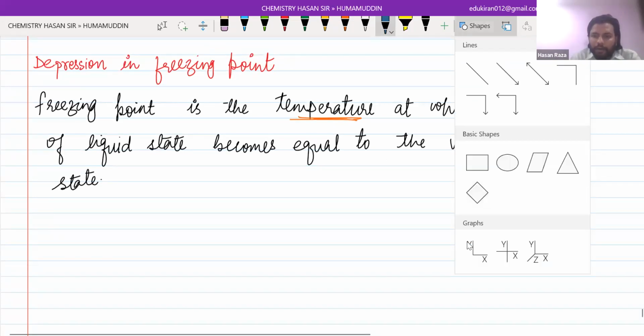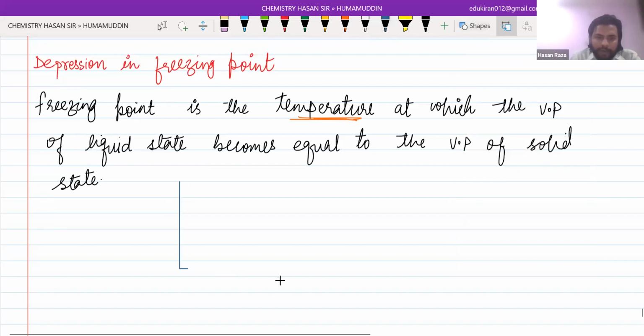Now I'm going to draw a graph as we did in case of elevation in boiling point. So the graph is basically vapor pressure versus temperature.